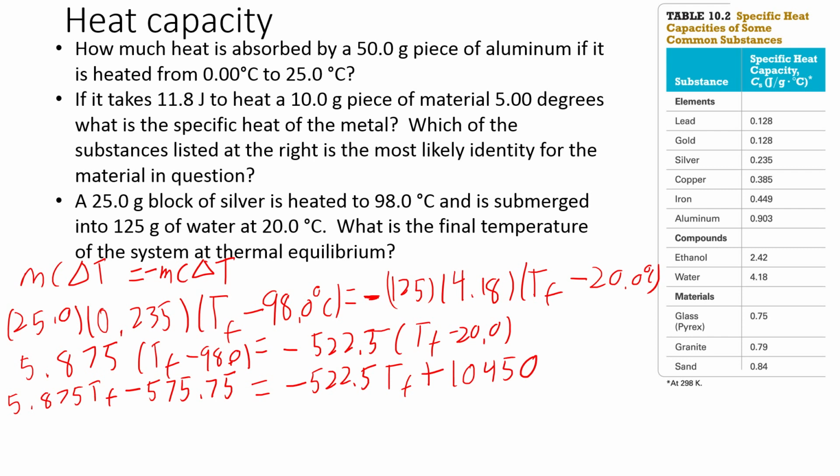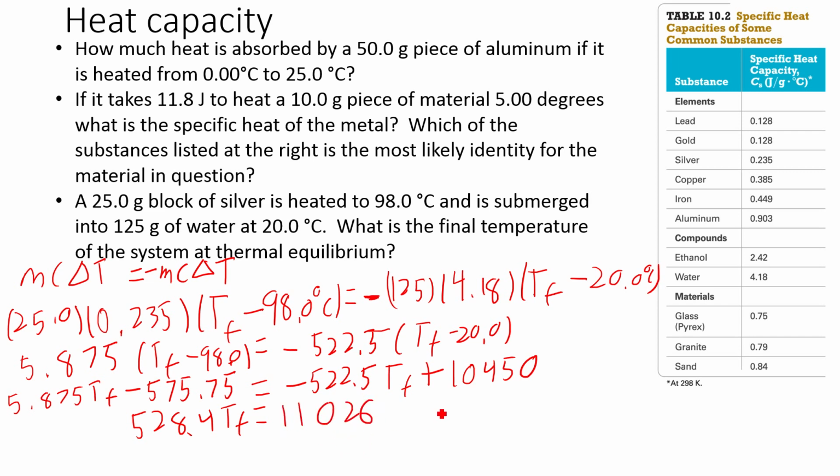Now, the numbers may look a little big, but this would be just like if we had something like x minus 2 equals 2x plus 6. We just have to isolate our variable. So we're going to move all the TFs to the left and all the other numbers to the right. So I add 522.5 TF to both sides, and we're going to get 528.4 TF. I'm then going to add 575.75 to both sides, getting rid of it on the left, and I will get this is equal to 11,026.